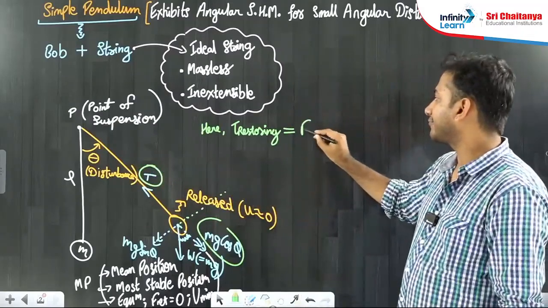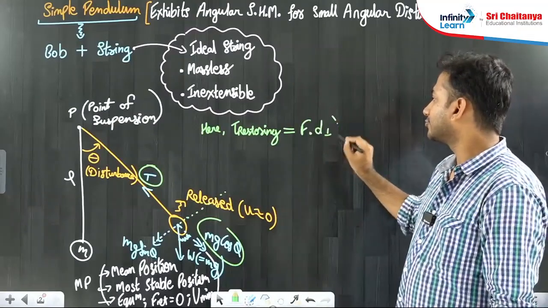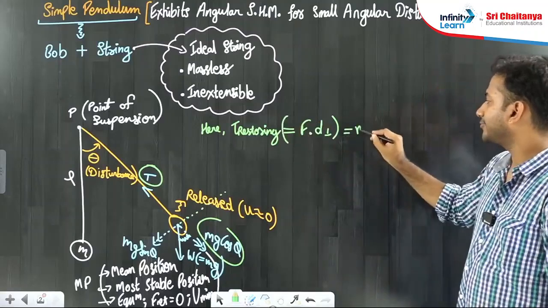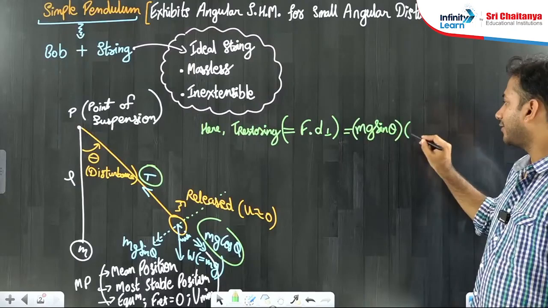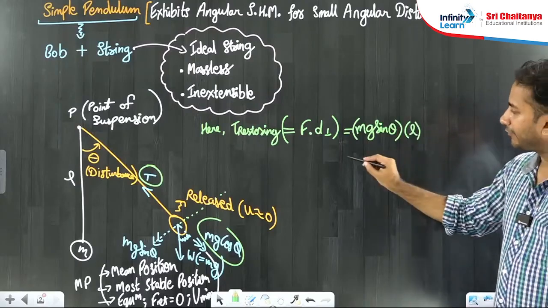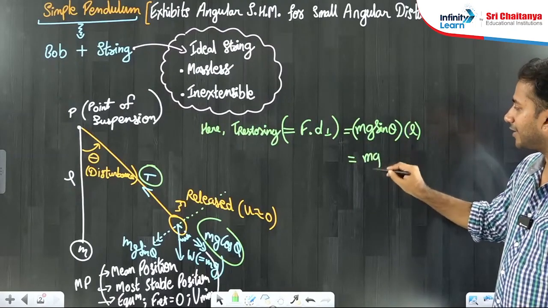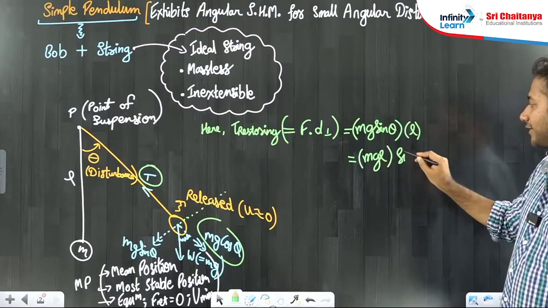So F into d perpendicular is equal to mg sin theta into L. Together, it is mgL into sin theta.